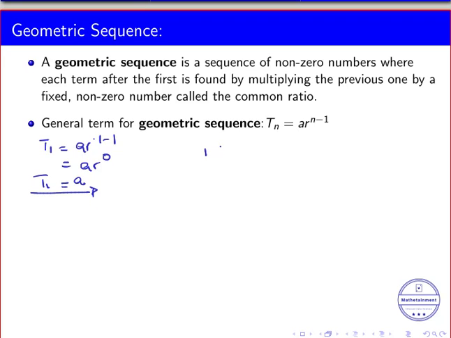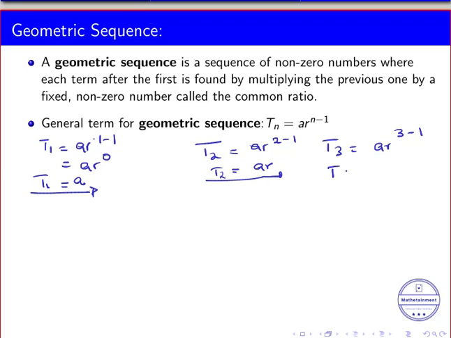Moving to our second term. Our second term will have AR. Now when I see n, I replace n with 2 minus 1. So this one becomes AR. This is my term number 2. Moving to term number 3, we have AR to the power of 3 minus 1.